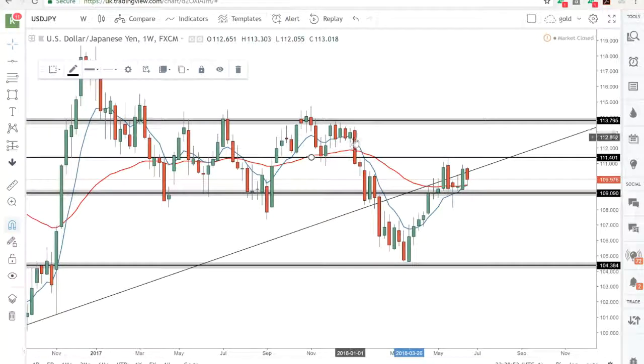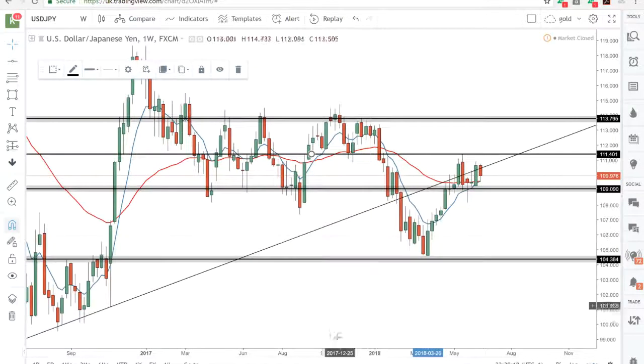Some small indecision, a few weeks of indecision, before this massive bearish engulfing, which is a bearish signal that price will continue downside, and that's just what it did, and that caused the break of the monthly trend line.